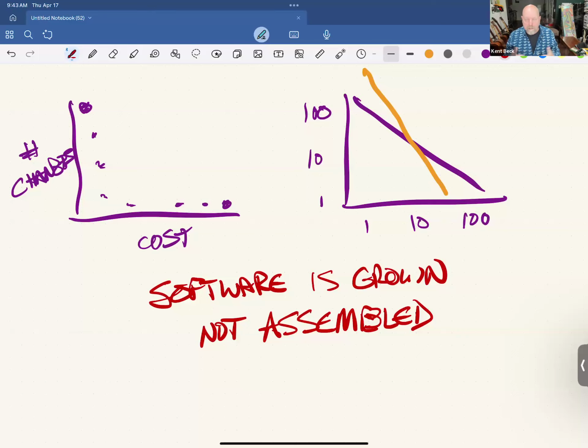So software in the empirical style, software design is a process of differentiation and occasional unification. And that's very different. That leads to very different expectations for timing, pace, motivation for software design than you get if you start from an assembly metaphor.